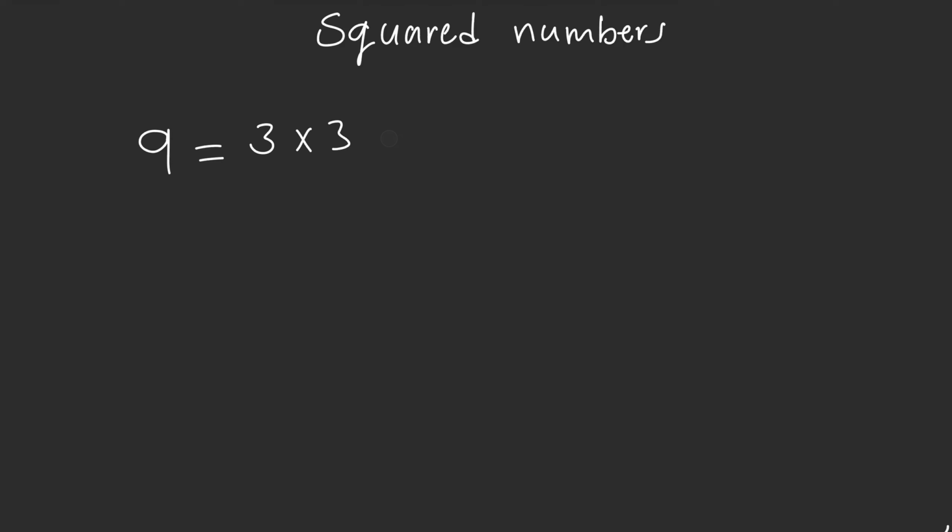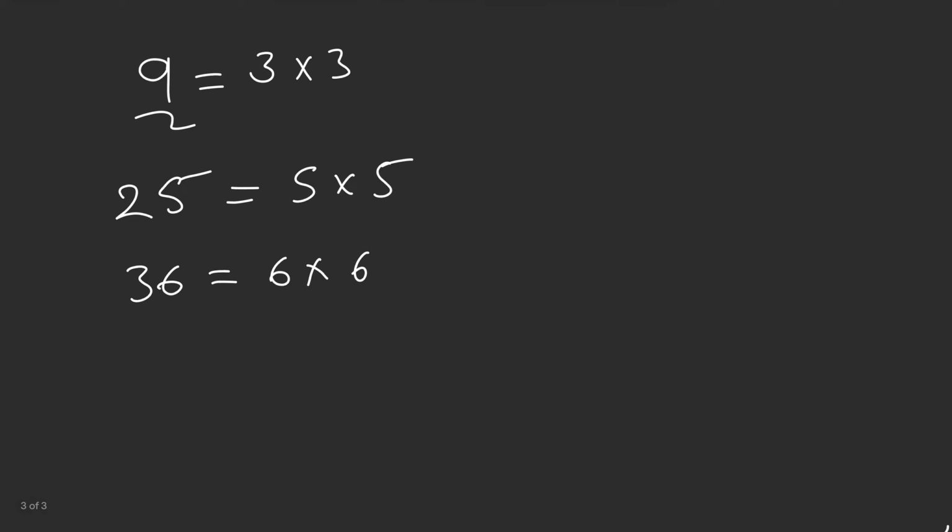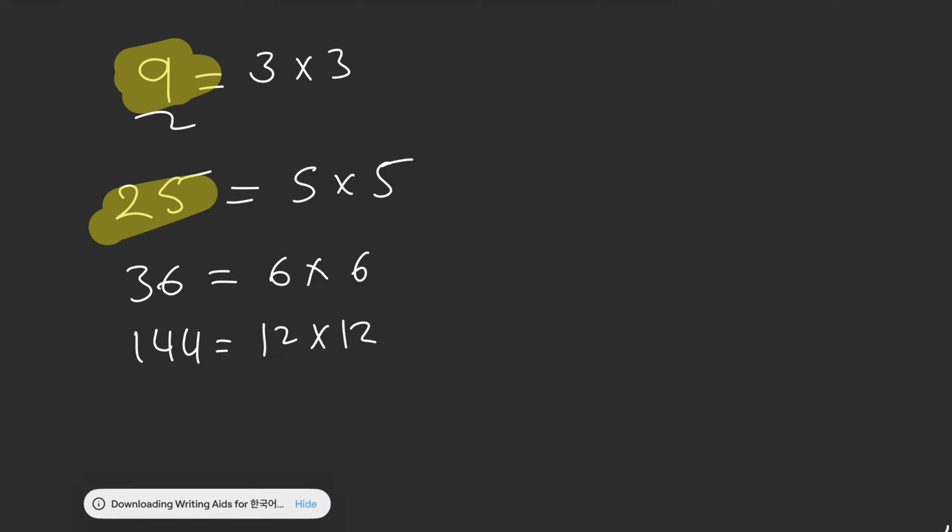That's why we call it a squared number. 25, also a squared number because it has 5 times 5. 36 as well, because 6 times 6. Right? And 144 because we have 12 times 12. All of these in front of you are squared numbers.